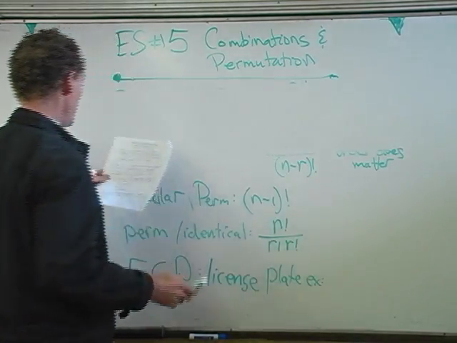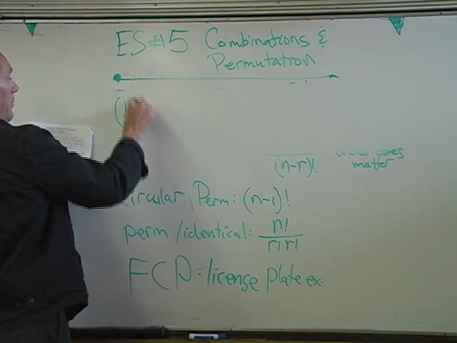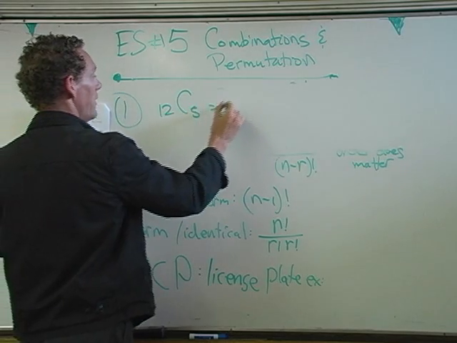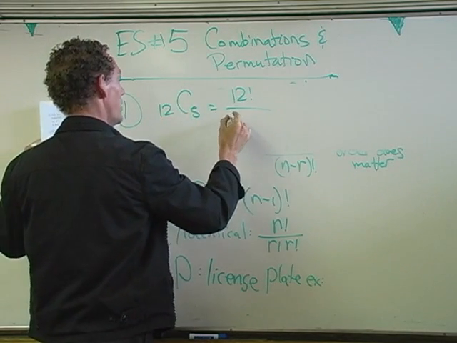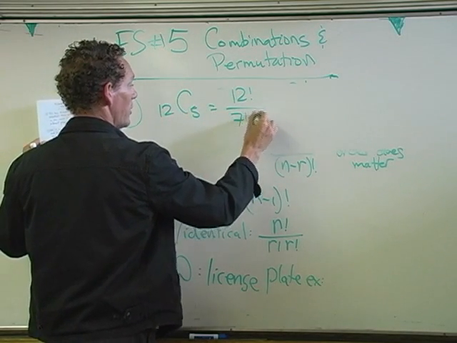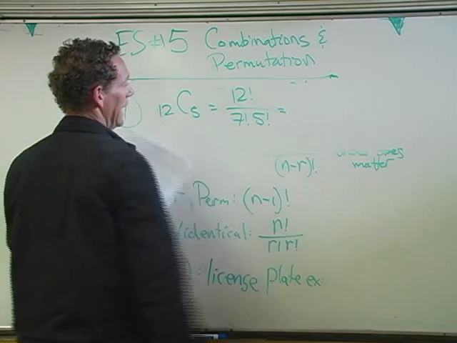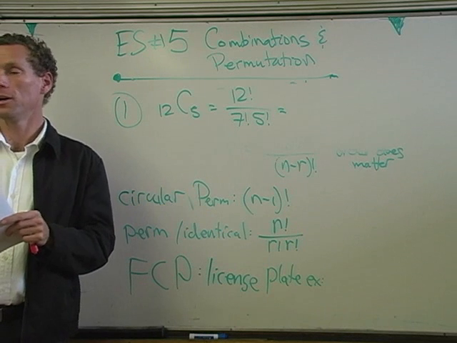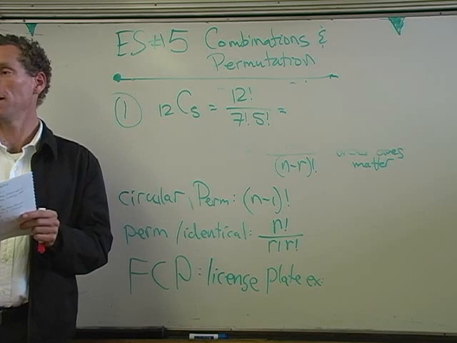So for question 1, 12 members on the JV girls basketball team, it would be 12C5. And so we would have 12 factorial over 7 factorial times 5 factorial, and that's going to be a somewhat large number.